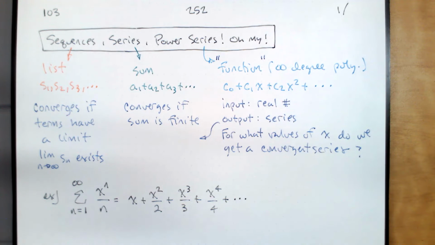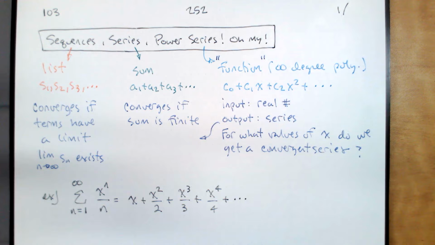So here's a power series, x to the n over n, starting off at 1. x plus x squared over 2 plus x cubed over 3 plus x to the 4th over 4, and so on. We can imagine, since there's an x, that this is some kind of function of x.